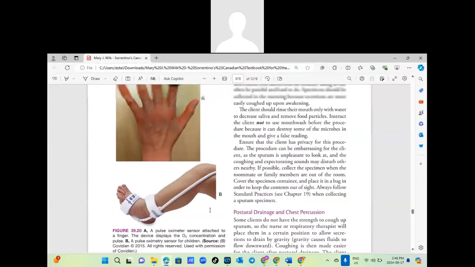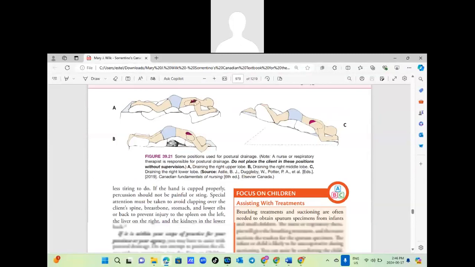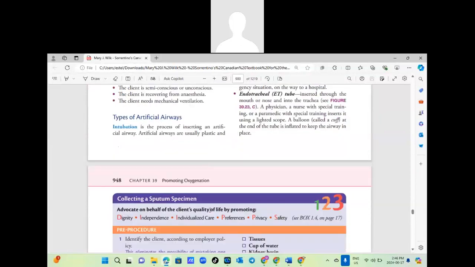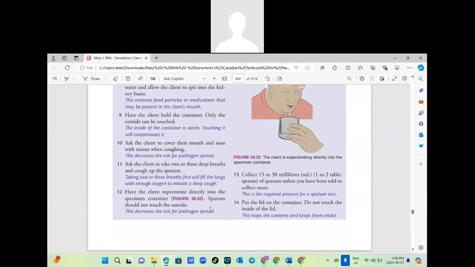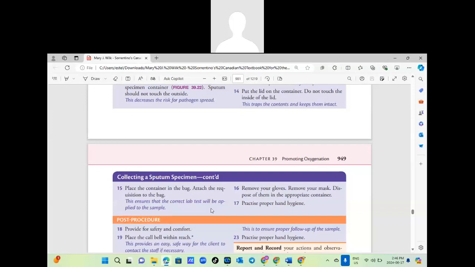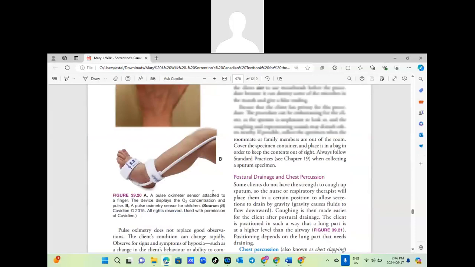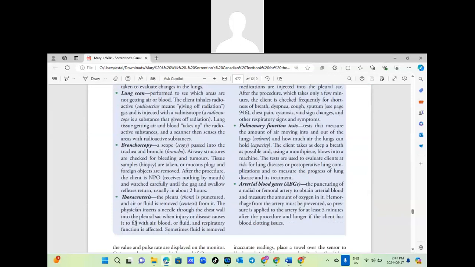Okay, so, oh, what page is it? All right, so page 945. Oh, too far. 949. To go back up. All right, here we go.